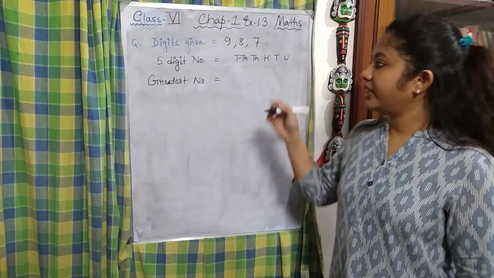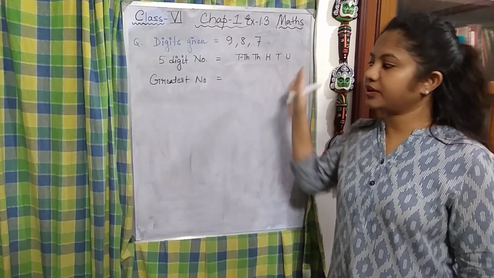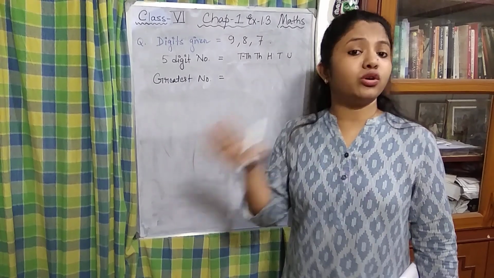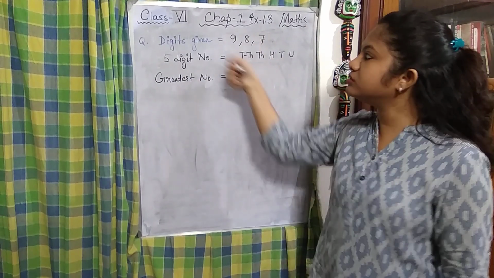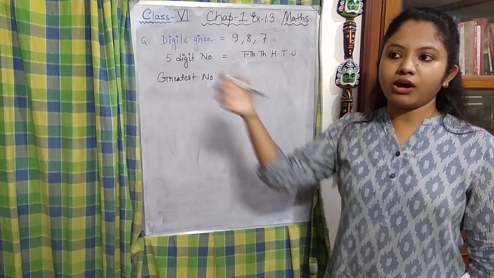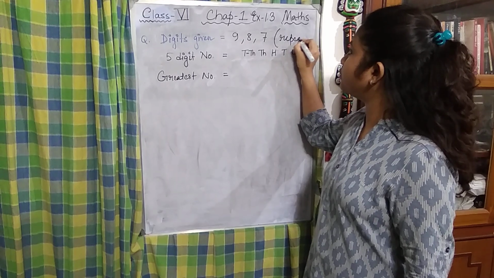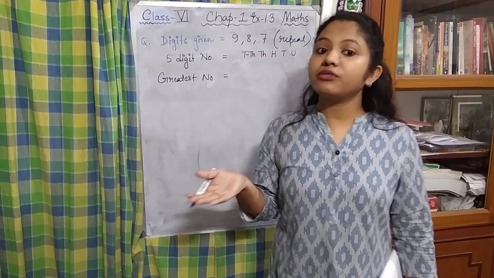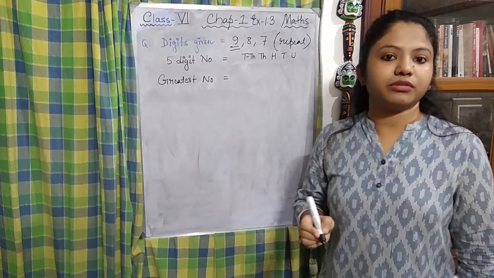Now when 3 digits are given, we have to make a 5-digit number, and that also the greatest. How are we going to make a 5-digit number using 3 digits? Now I can say that we have to repeat the numbers. To make the greatest number, which number are we going to repeat? The greatest number, okay.